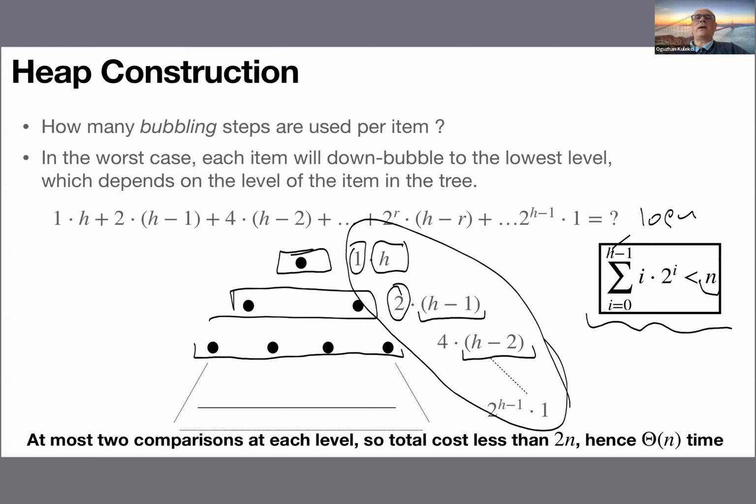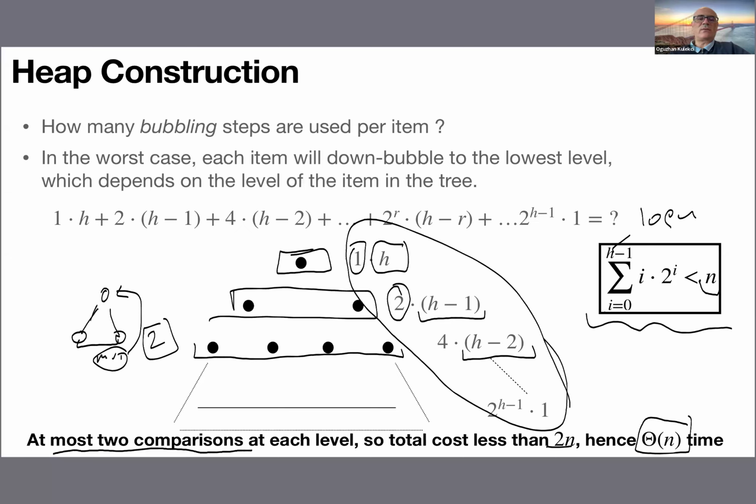At each level, we also have at most 2 comparisons, because whenever you are updating an element, first you have to check the children. If this is a min heap, find their minimum and then compare this minimum with the new value. That makes at most 2 comparisons at each level. So 2 times n, so it is always less than 2n.